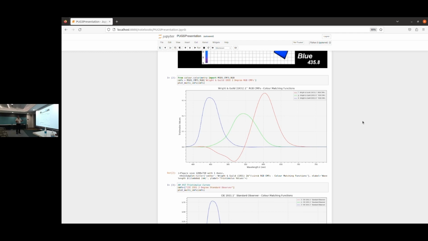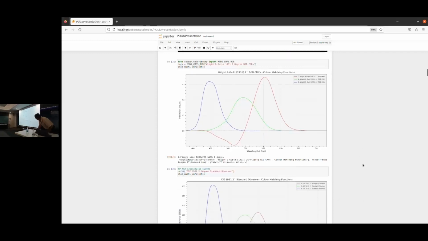It will become clear later on how this negative value came about. But this, amongst other factors, was one of the reasons that a transformation was carried out from RGB to XYZ. And this was purely an algebraic transformation to get rid of that behavior of negative color, of negative red.